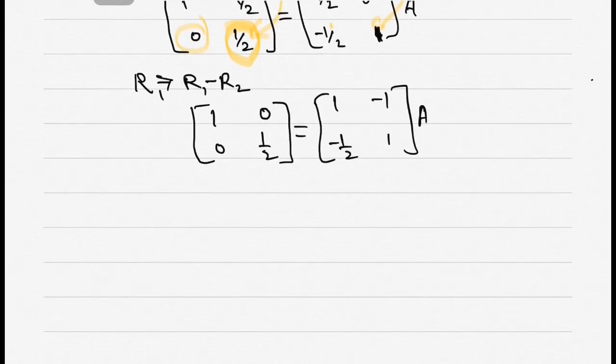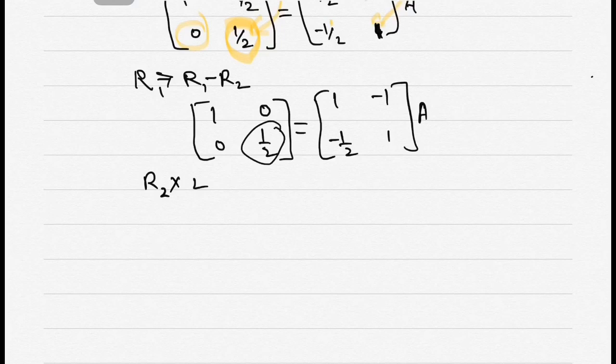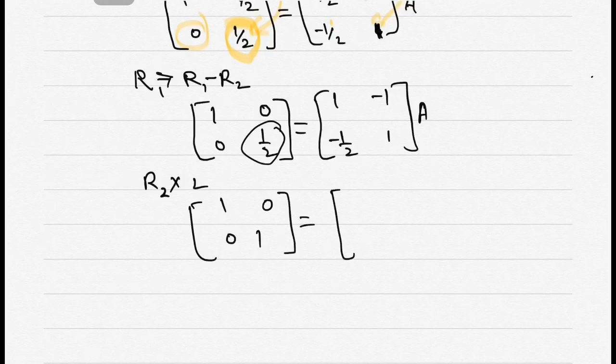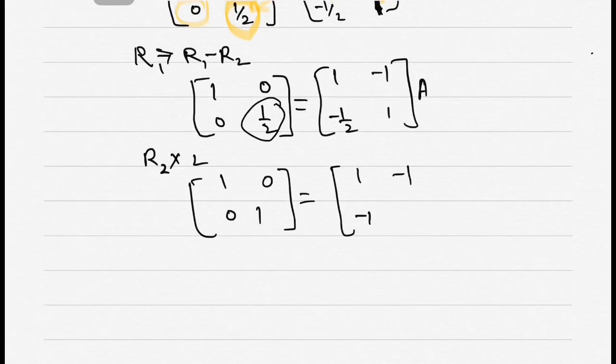Now lastly, we can multiply R2 by 2 so that this element becomes 1. So we get [1 0; 0 1] on the left, and [1 -1; -1 2] on the right. So the inverse of the given matrix is this.